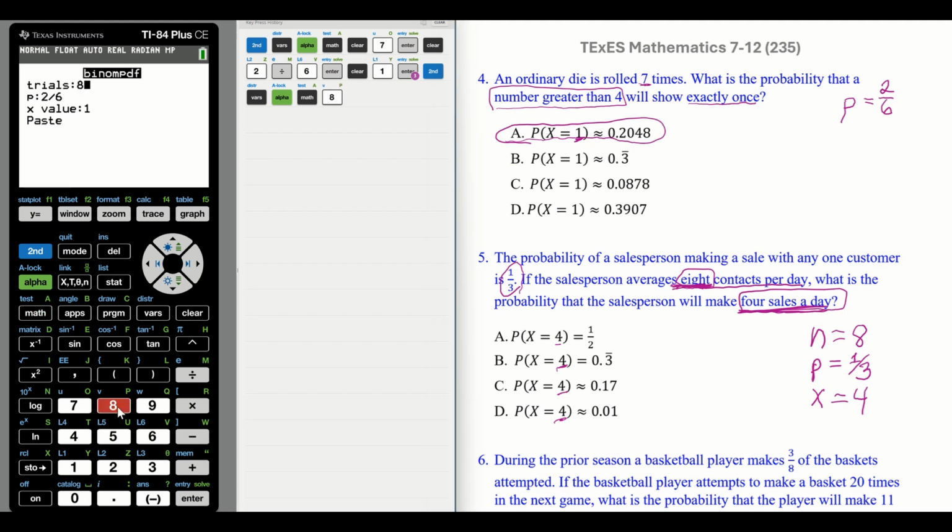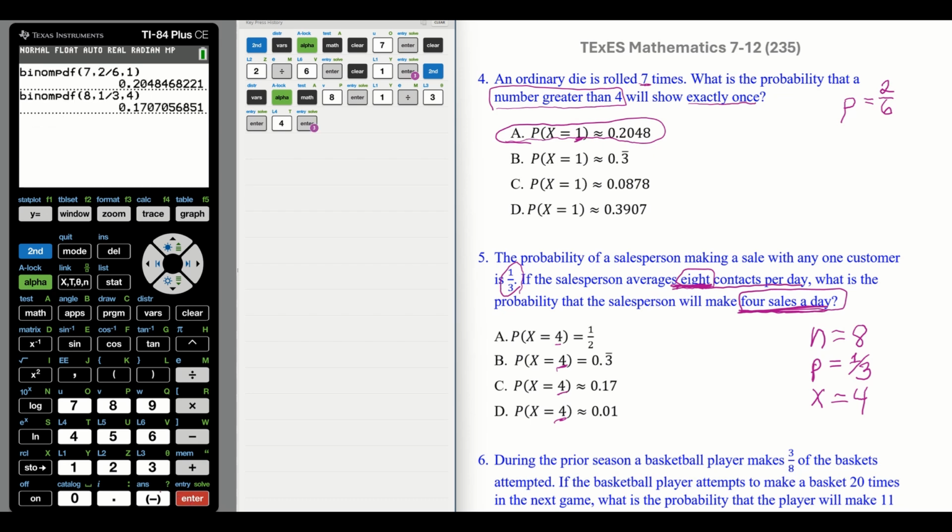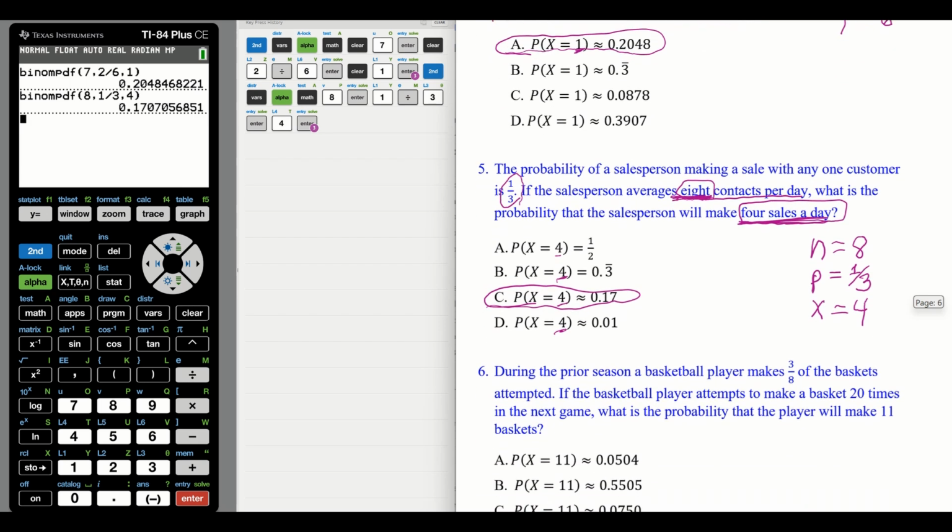So this gives us 8. We enter. Now we need 1 divided by 3. And we enter. And how many future times? Our future is 4. Enter, enter again. Okay. Oh, it looks like we've got a good option. That will be C. Okay, let's move down to number 6.